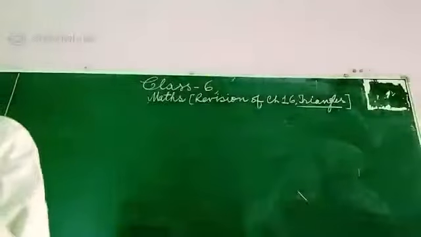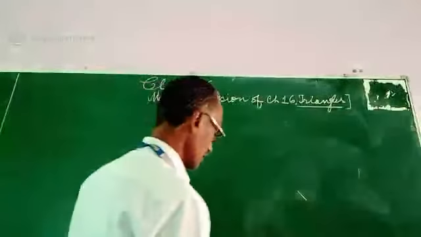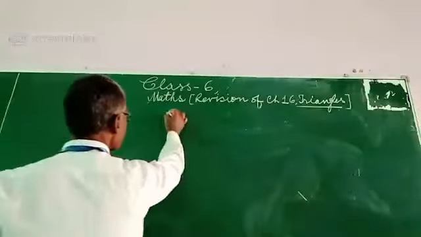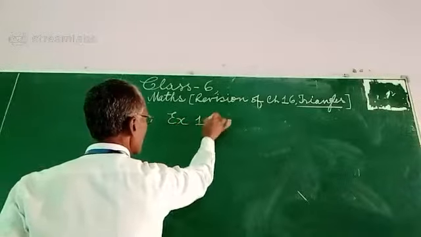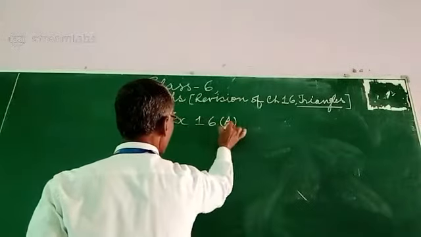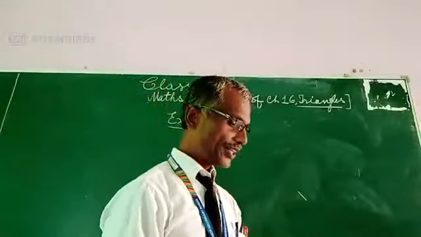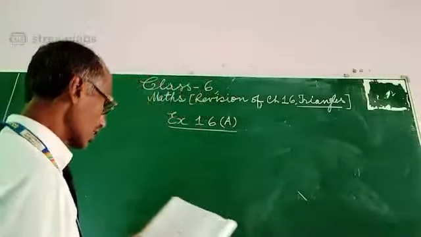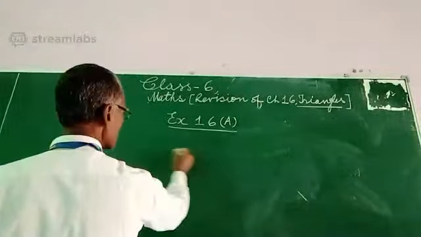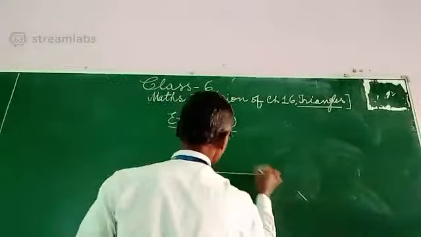Look here, given question number second of exercise 16a. We will revise some problems of exercise number 16a again. So please look here. Here are given the measures of two angles of a triangle.